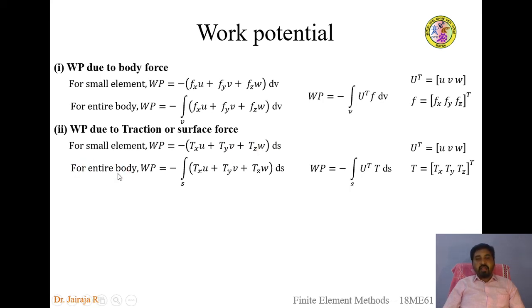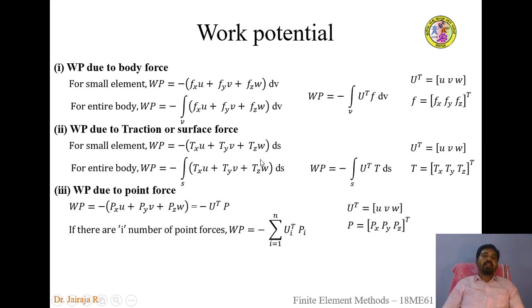For the entire body we need to integrate it. So for the entire body, work potential can be represented as minus surface integral u transpose T ds. T consists of traction forces along x, y, z direction, and u, v, w are the displacements along x, y, z direction.